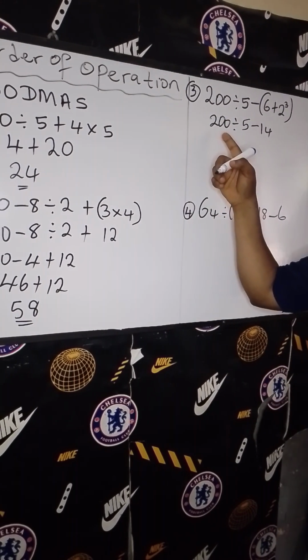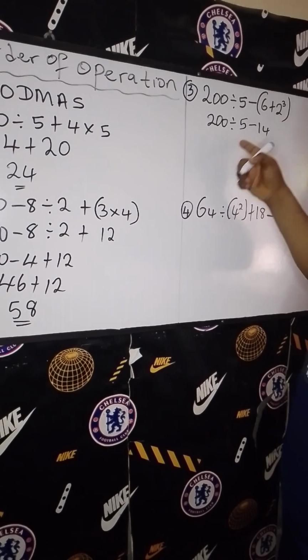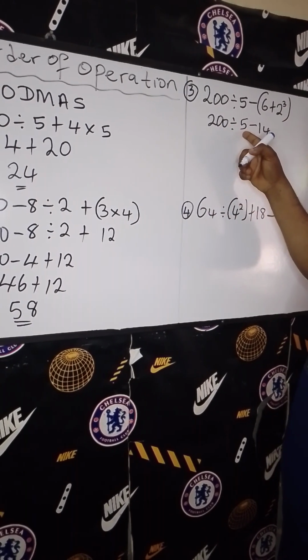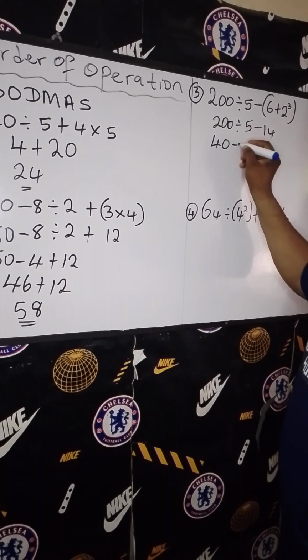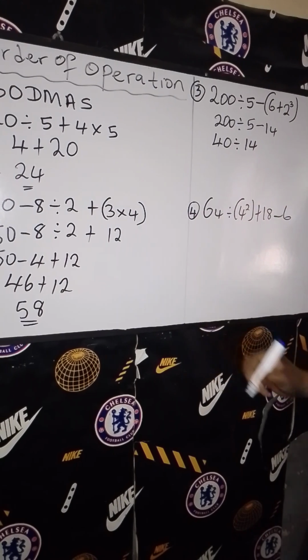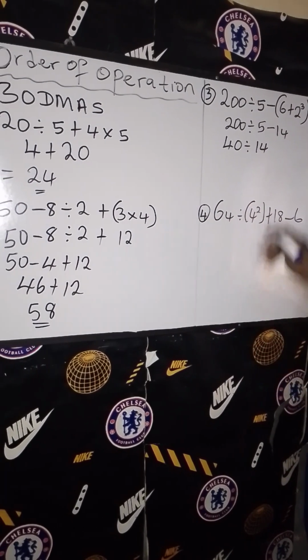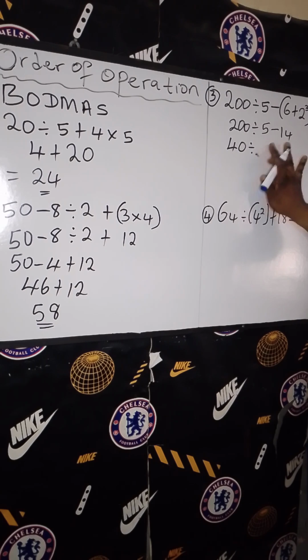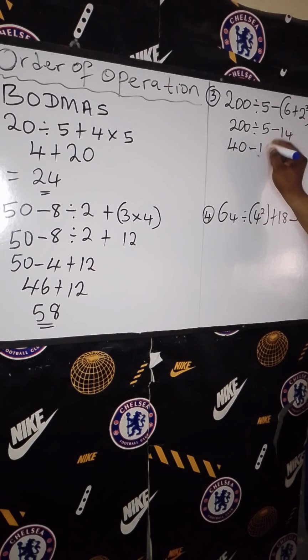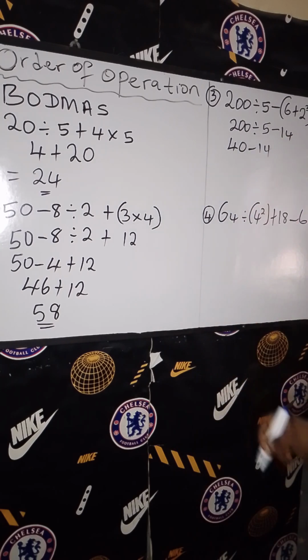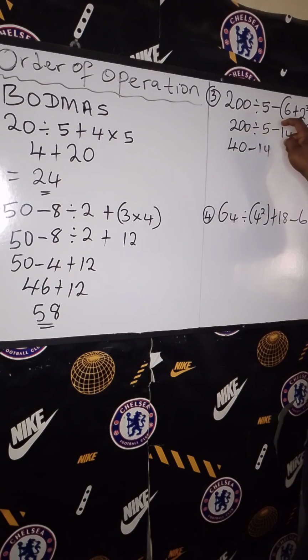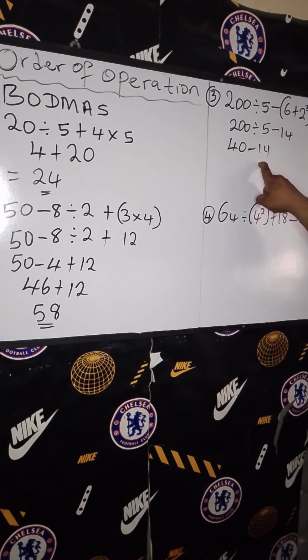So the next thing is 200 divided by 5, which gives us 40, minus 14. And 40 minus 14, we can work out here like this.